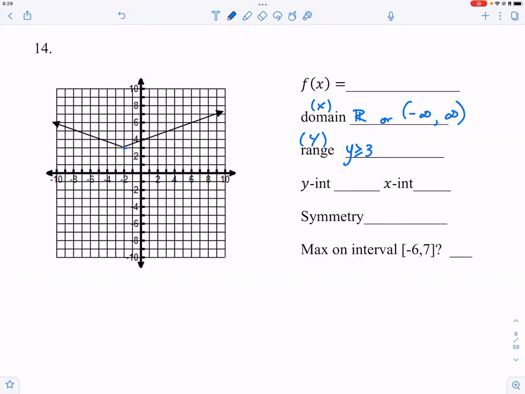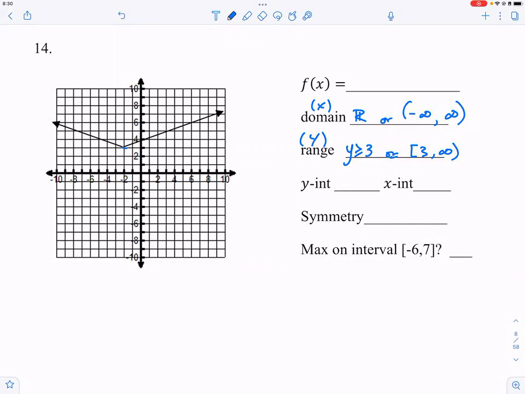The y values are at least 3, which could equal 3. And then it goes from 3 to infinity. The reason why we put a bracket for 3 is because we include the 3. 3 is included in the range.